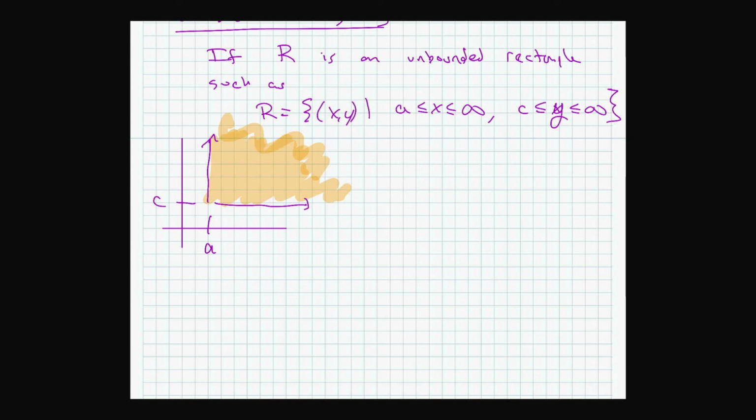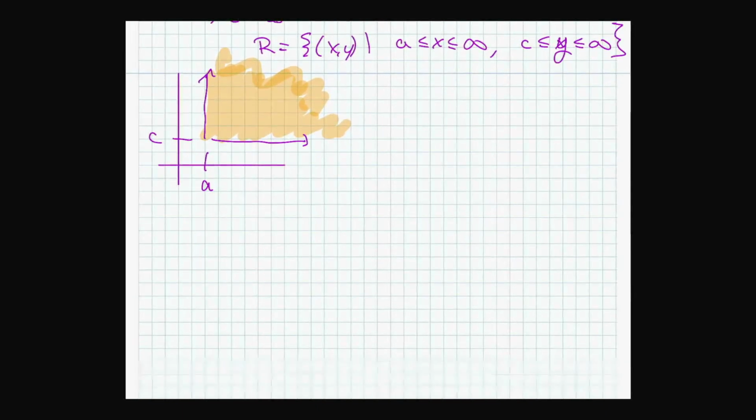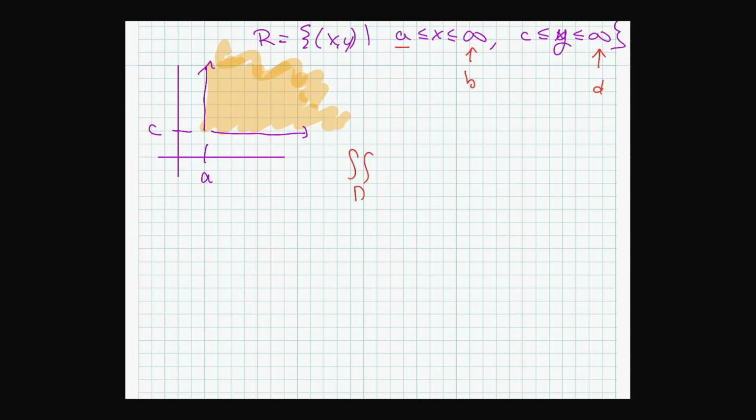Okay, so that's what we're talking about here. And the way you would evaluate this is basically you do it with a limit. Normally our integral is from a to b, and normally we put a d there where c is less than y less than d. And so you say the integral over D of f of x, y, dA is going to be the integral from a to b and from c to d, I guess that would be dx then dy.